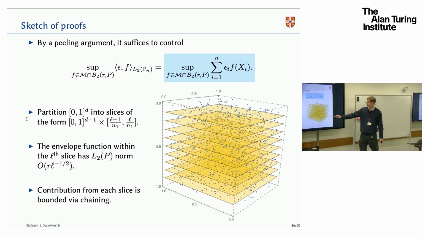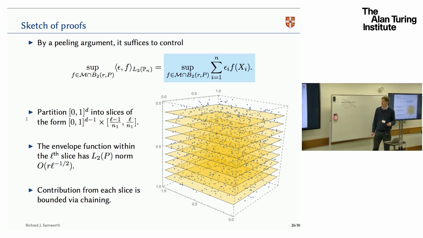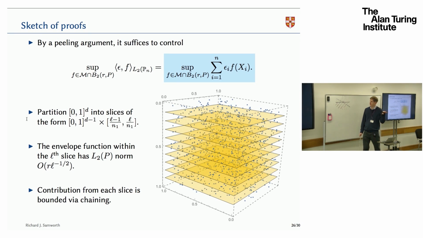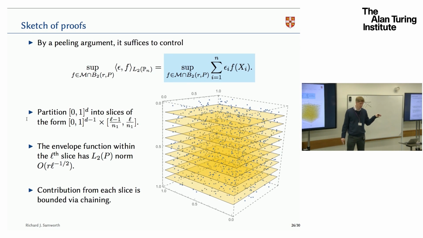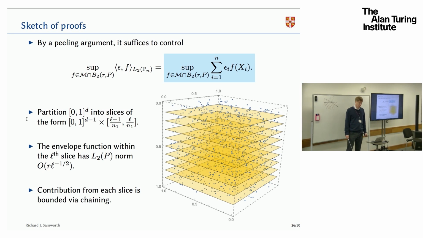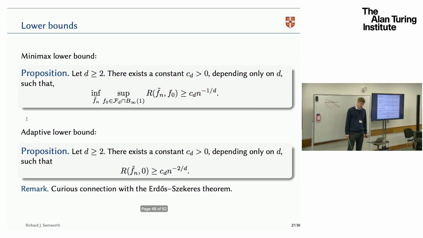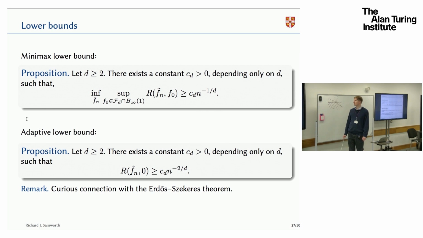Moreover, we've got control of how big the envelope function for the class can be within each slice, and because I'm working with a class of decreasing functions, that decays in L by a power of L to the minus a half. So that's just a very quick sketch of how we prove things.